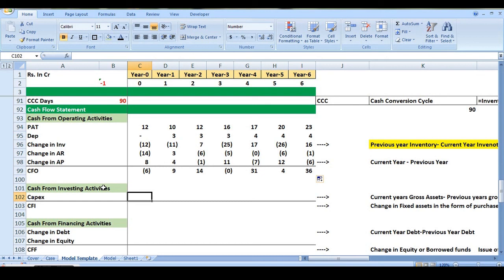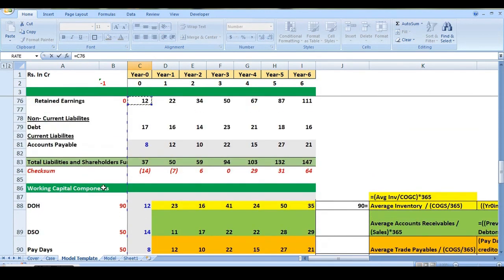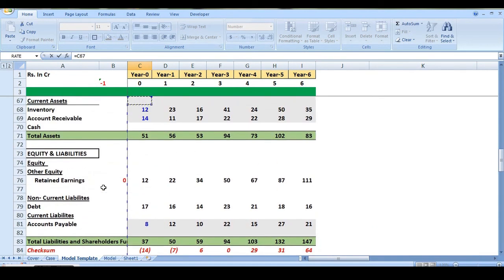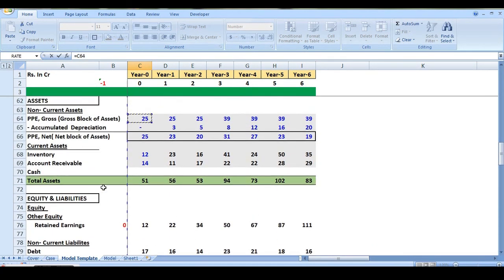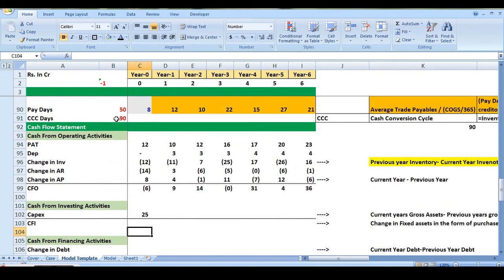So these values also we will derive from the balance sheet as current year's gross asset minus previous year's gross asset.